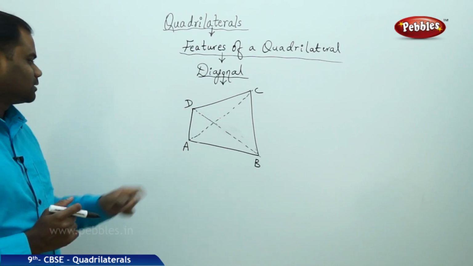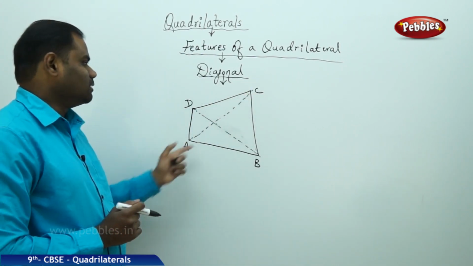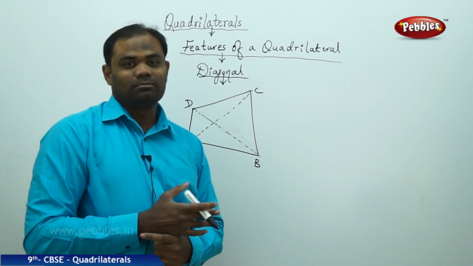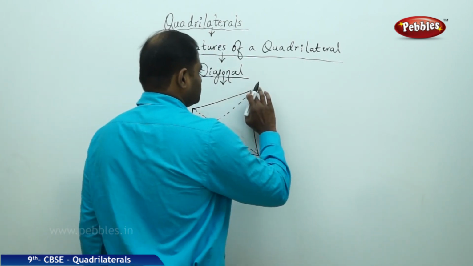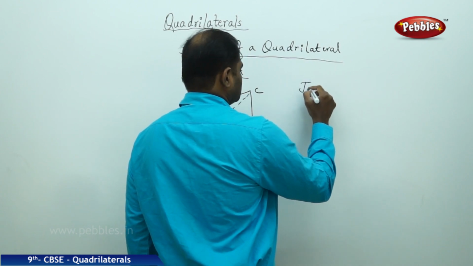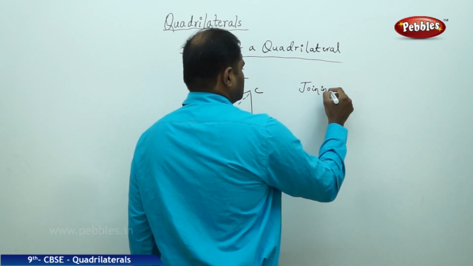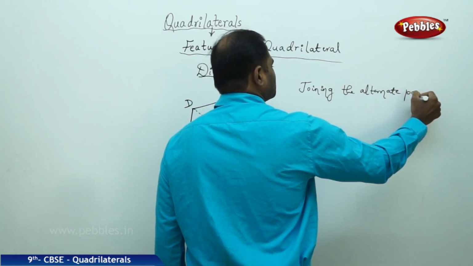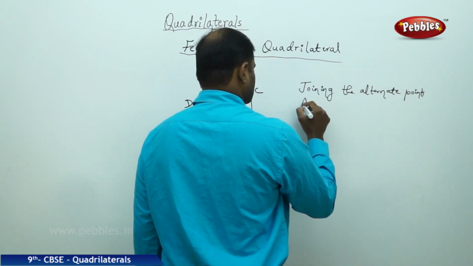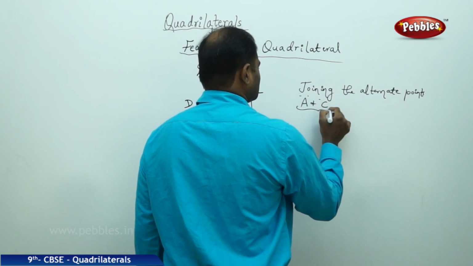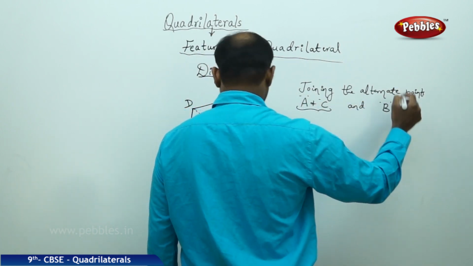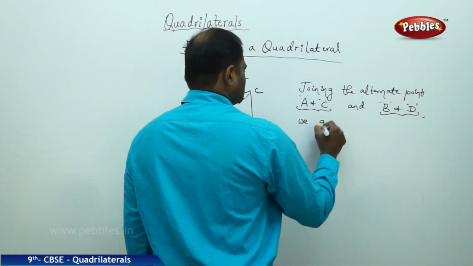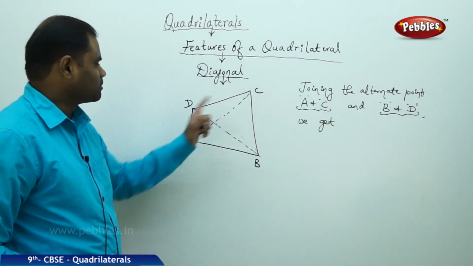I clearly see that the alternate points A and C and B and D are joined. I get a different kind of region, the cross lines which form the diagonal. So here, joining the alternate points A and C and B and D, we clearly get the line segments AC and BD.